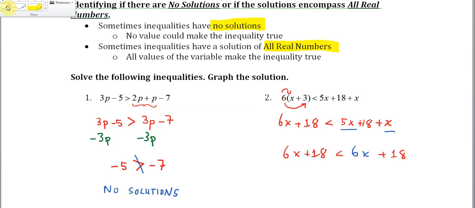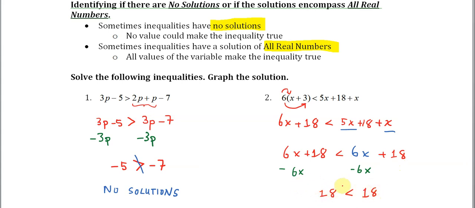We subtract 6x from both sides, and the 6x's will cancel, and we get 18 over here, and then this less than symbol, and then 18 over here. So now we get another nonsensical statement that 18 is less than 18.